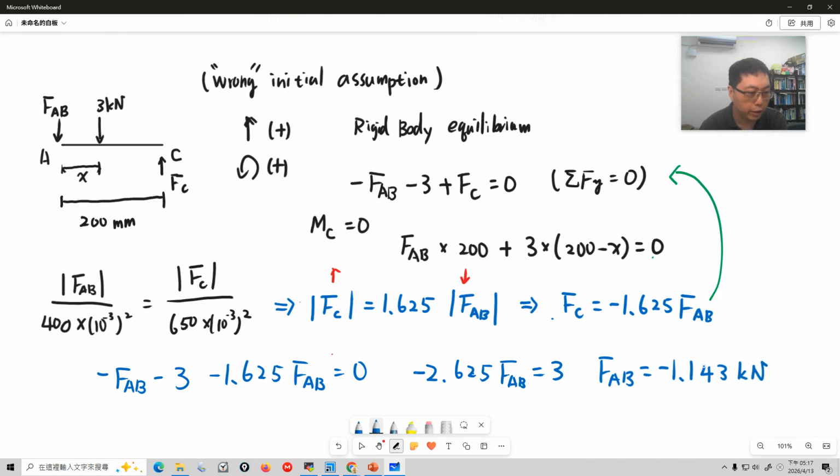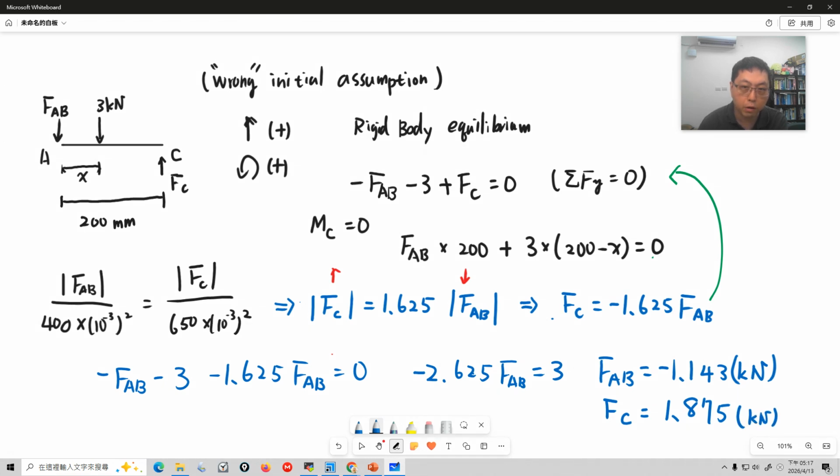At the same time, we can get FC. We know FC is minus 1.625 times FAB, so multiplying together it gives you 1.875 kilonewton.